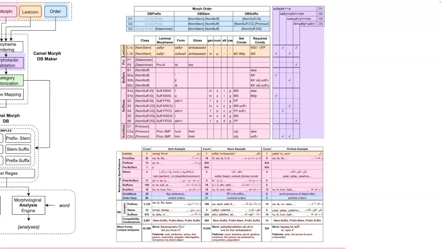After the specifications are converted by the DB maker to DB entries, note how a relatively small number of allomorphs is mapped into a large number of complex morphemes in the DB section below.